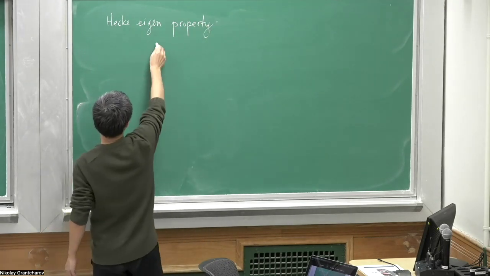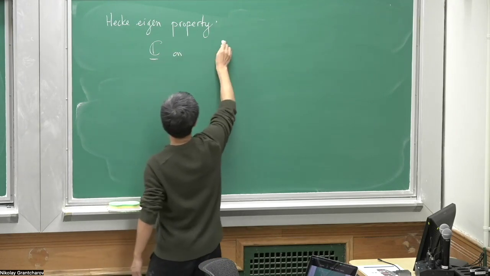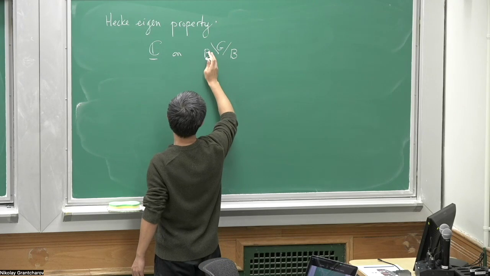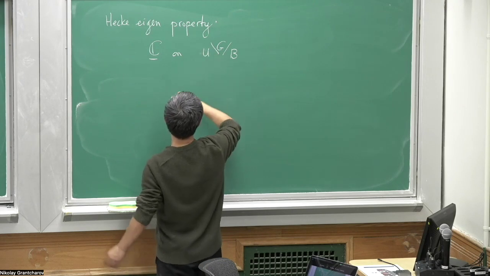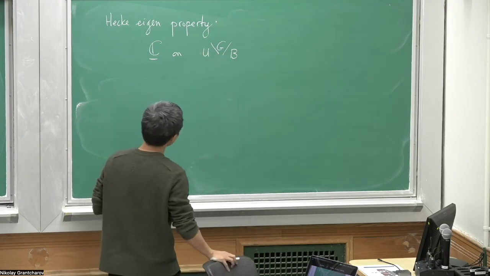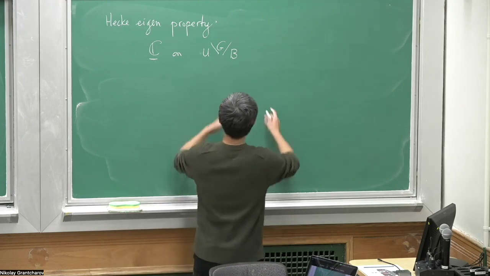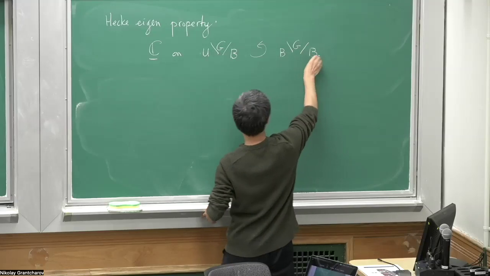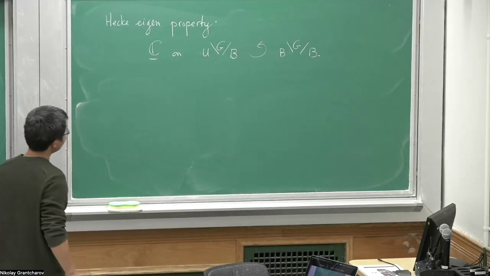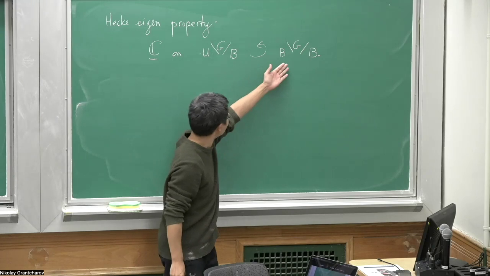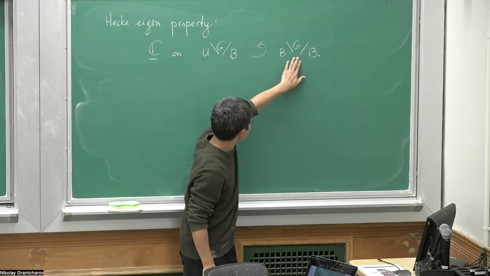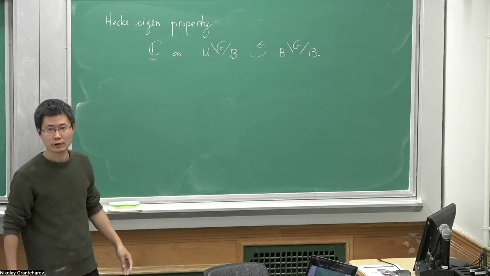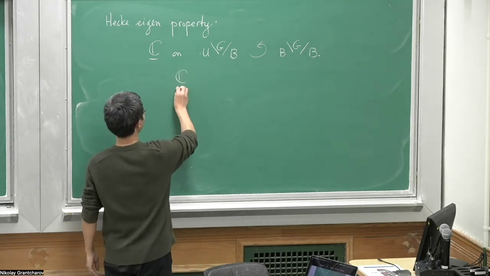In the case of the constant sheaf on G mod B, or even G mod B mod U, let's look at the action of mod B by convolution on the right. No matter which sheaf you put here, when you act on the constant sheaf, you still get a copy of the constant sheaf.